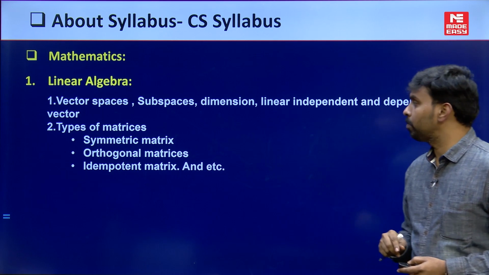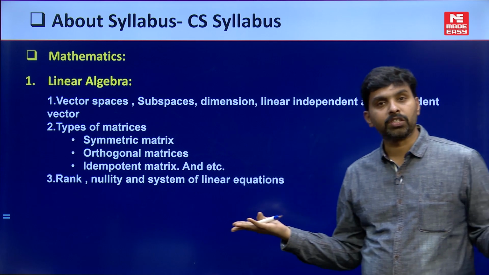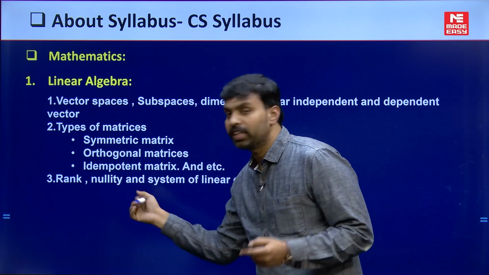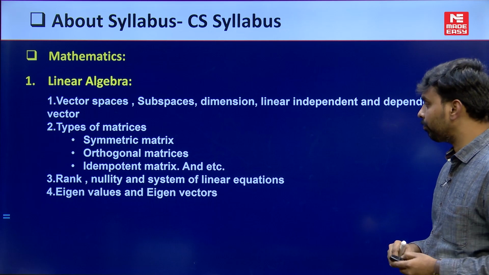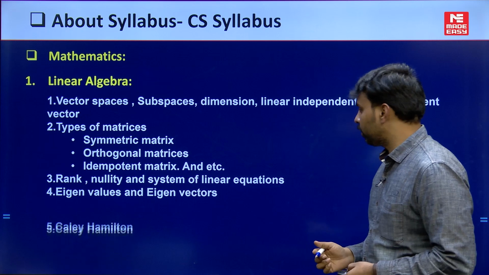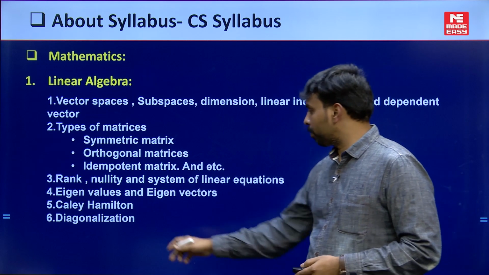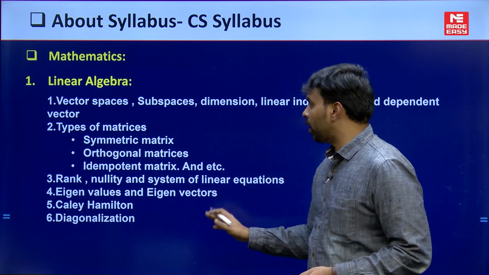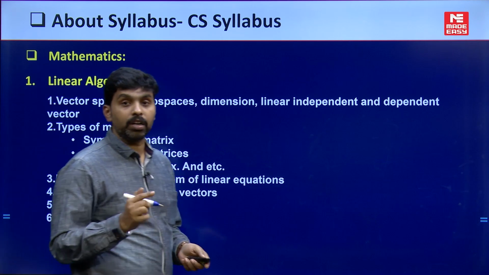Then types of matrices, rank and nullity, and systems of linear equations. All three are interlinked, so they are very important. Coming to eigenvalues and eigenvectors, the most common, and the Cayley-Hamilton theorem and diagonalization. Now, what is not covered here?